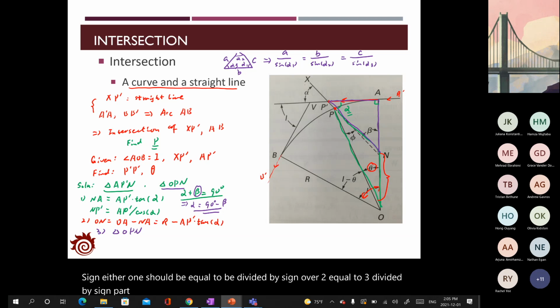So the ratio between the length of a side and its opposite angle is the same for all the sides. This is the property of the triangle.